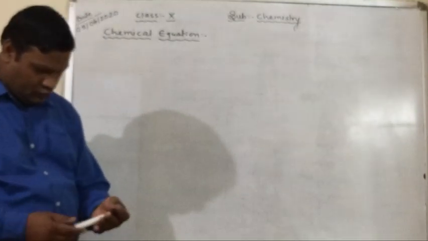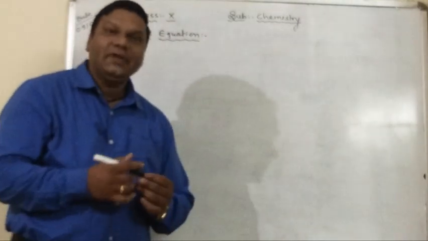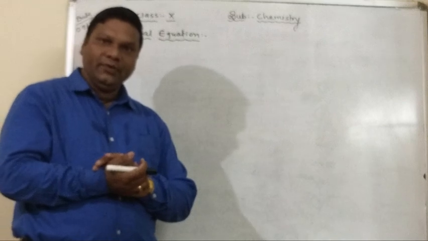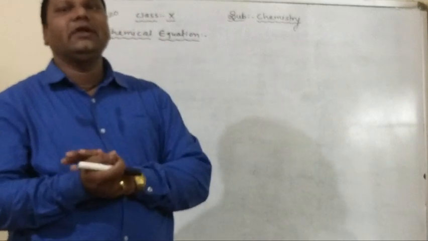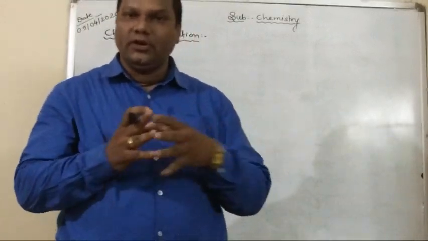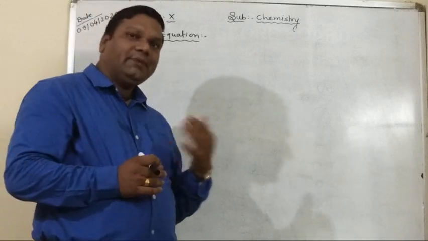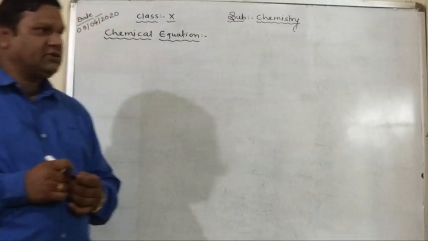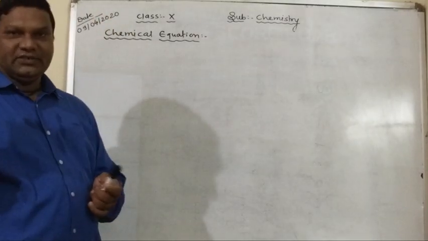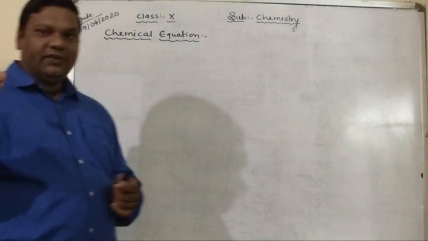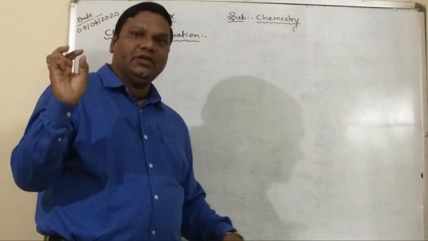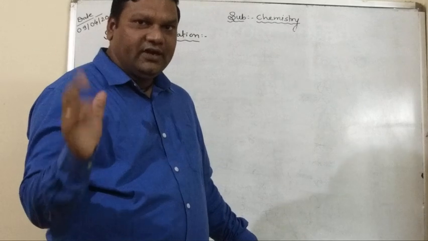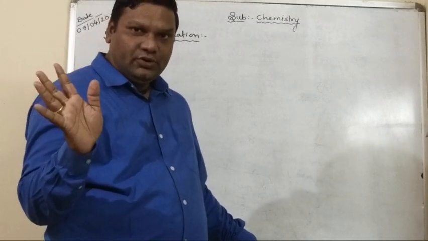Now in the last period we discussed chemical reactions, some basic components like reactant and products. After that we discussed the characteristics of chemical reactions, and there are a total of 5 characteristics: formation of precipitates, evolution of gas, change in color, change in state and change in temperature.